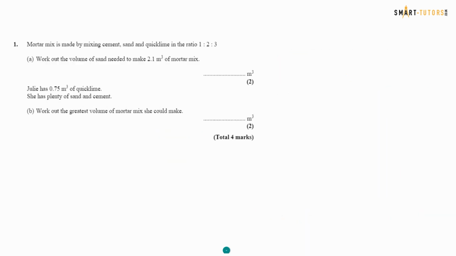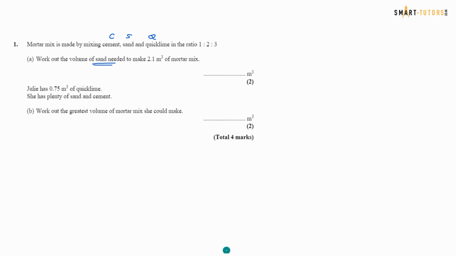First question, it's a 4 marker question, ratio. Mortar mix is made by mixing cement, sand and quicklime, so I put C, S and Q, in the ratio 1:2:3. Work out the volume of the sand.